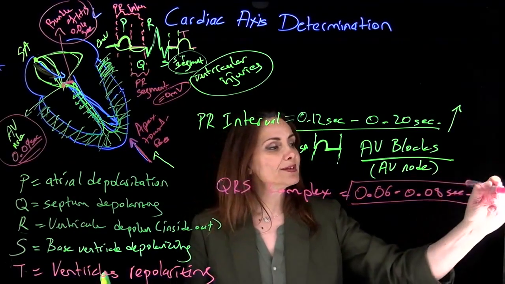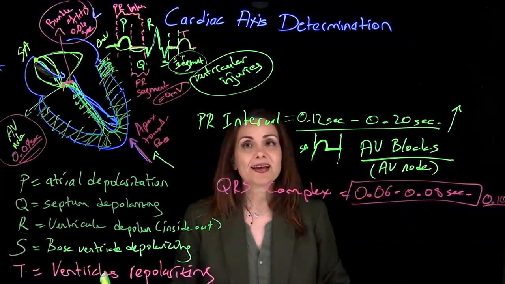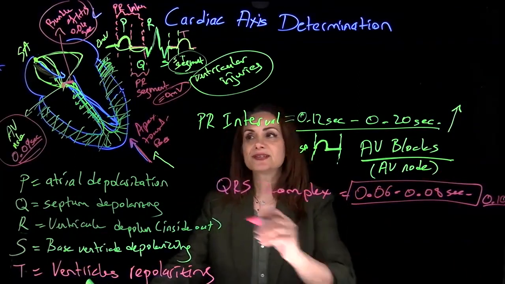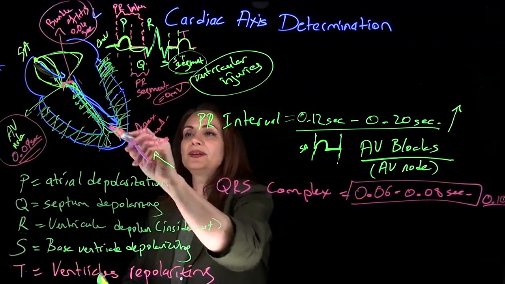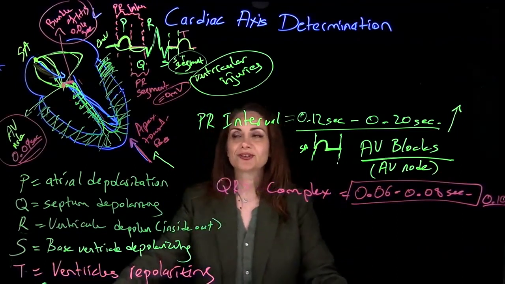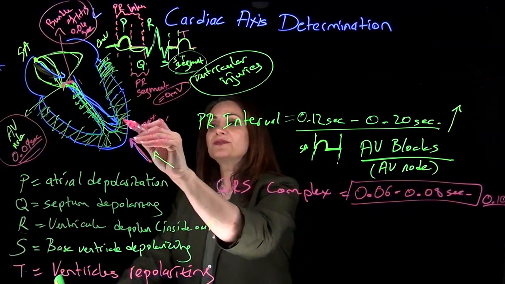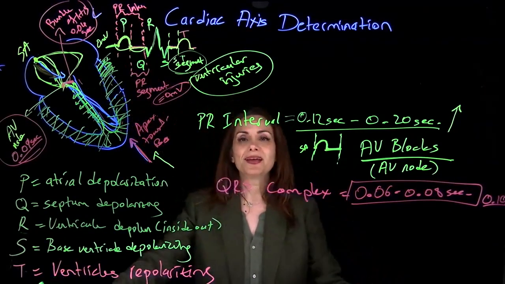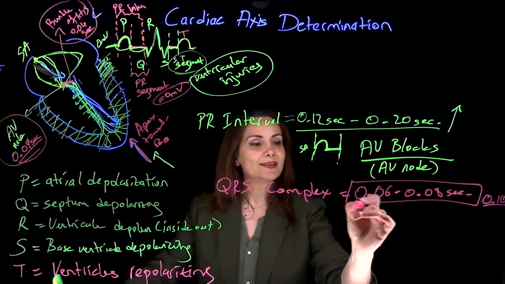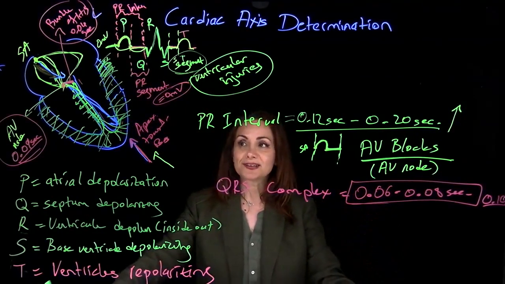But if it is longer than 0.10 seconds, then we should think there's a problem during the ventricular depolarization. Where could the problem be? Well, if it's the Purkinje fibers, there are so many of them, it doesn't make sense. It shouldn't delay any electrical activity that much.